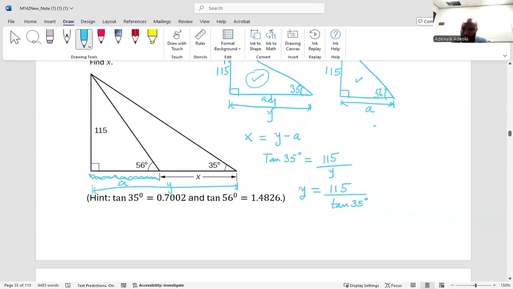Similarly, from this other triangle, tangent of 56 degrees equals opposite, which is 115, divided by adjacent, which is a. And therefore, a equals 115 divided by tangent of 56 degrees.